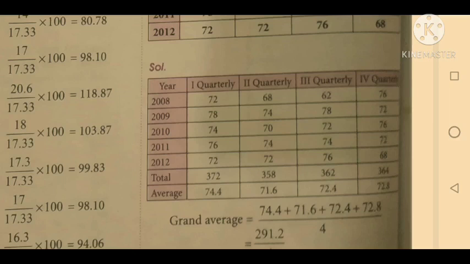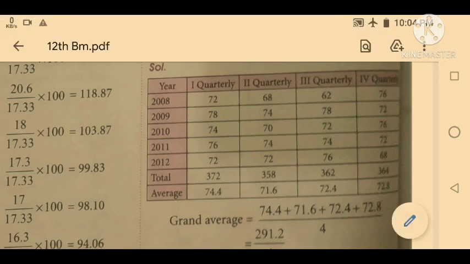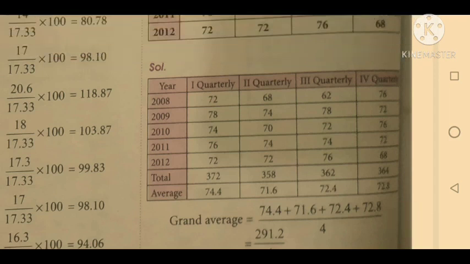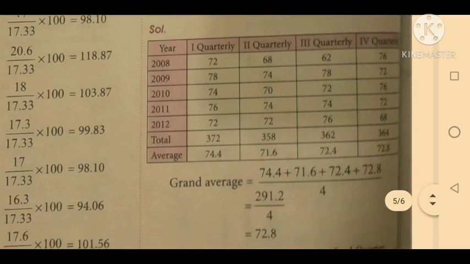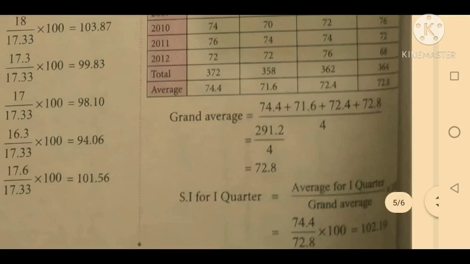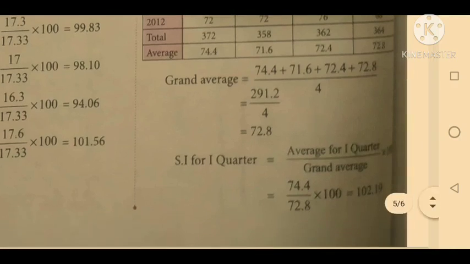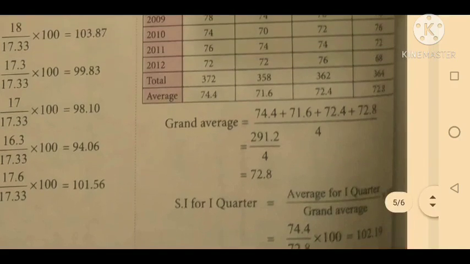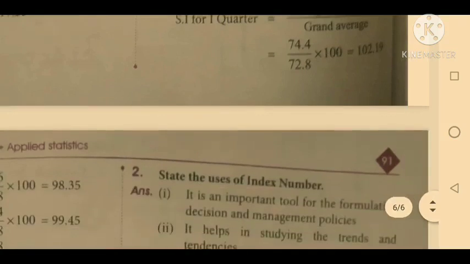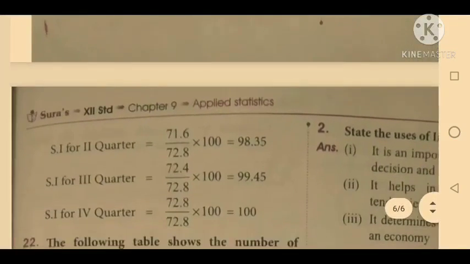So if I divide it by 5, you are getting 74.4, 71.6, 72.4, 72.8. Okay. After the summation, divided by 4, you are getting 72.8. Then seasonal index for first quarter is, average of first quarter 74.4 divided by grand average, that is 72.8 into 100. So for 4 quarters you have to find the seasonal index.